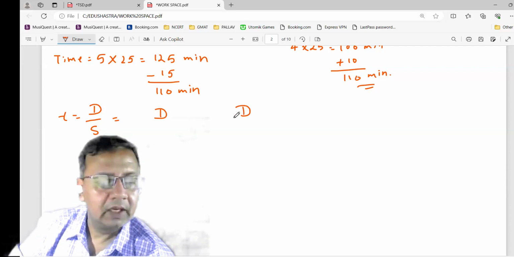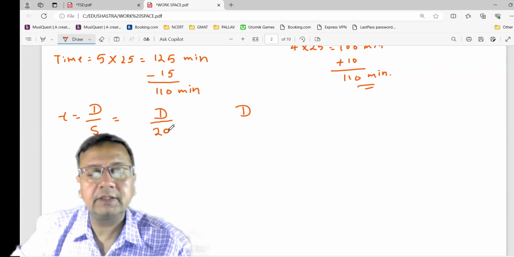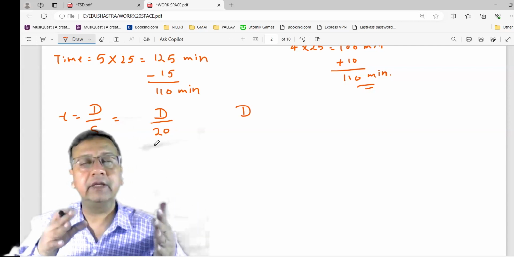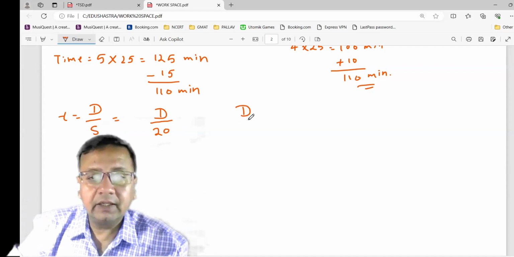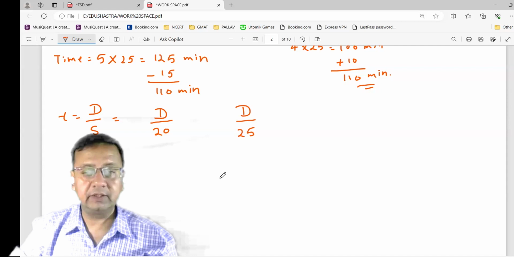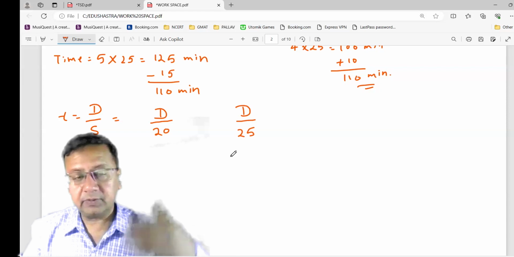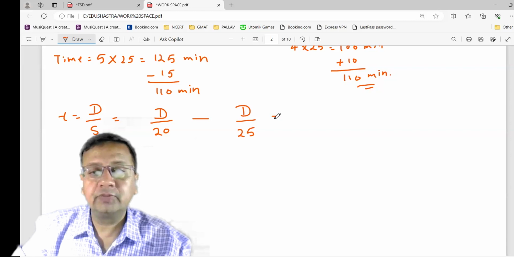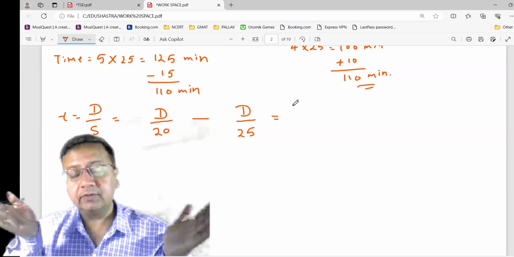20 and 25. Now, when you are going with a slow speed, 20, distance upon speed, you will take longer time. You will reach late. And if you're going with a fast speed, 25, distance upon speed, you will reach early. So distance upon speed is giving you time, and this difference of time should be equal to 10 minutes early to 15 minutes late.